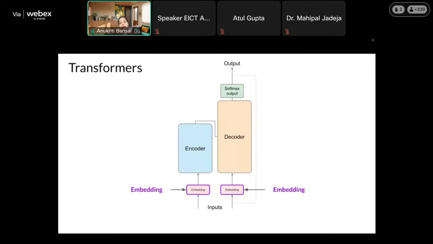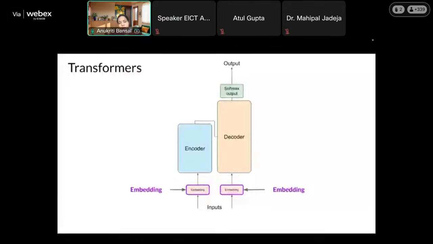Now, once we have these numbers, I will calculate their embeddings. Embeddings can be considered as a vector representation. So each token I will represent in terms of a vector.